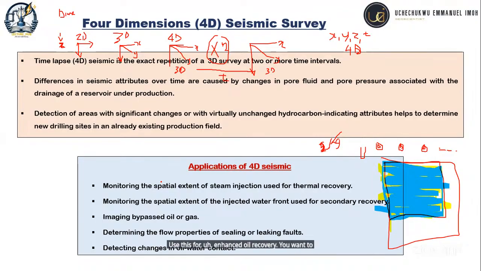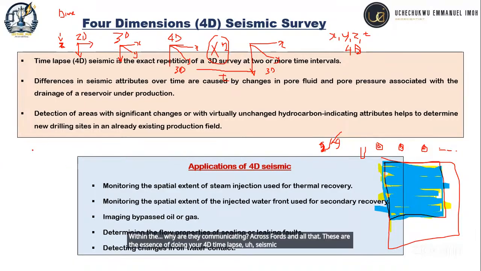You want to know where to inject, do gas or water injection, and improve reservoir productivity. You want to know where you have bypassed oil in the reservoir. Maybe some reservoirs you bypass them within the reservoir. Are they communicating across faults and all that? These are the essence of doing your 4D time-lapse seismic.